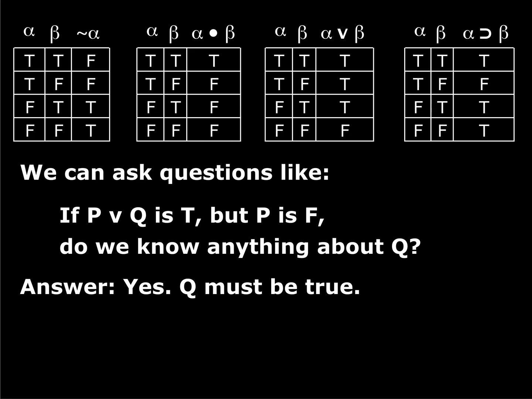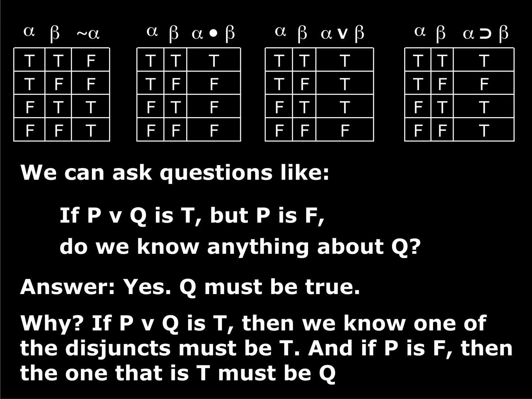Well, yes, we know that Q has to be true, right? And why? Well, sort of think it through. If P or Q is true, then we know one of the disjuncts, one or both of them, has to be true, right? So let's look back up here at the disjunction. A disjunction is true when both disjuncts or either one of the disjuncts is true, but not when they're both false, right?